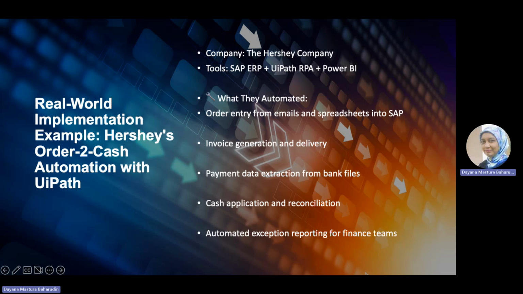With Hershey's, they used the SAP ERP. The ERP is SAP, the RPA is UiPath, and they use Power BI. So guys, I've been telling my students that you need to be learning Power BI. So this is the reason why.